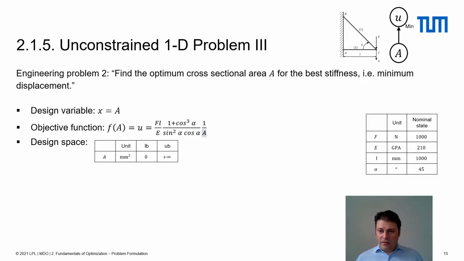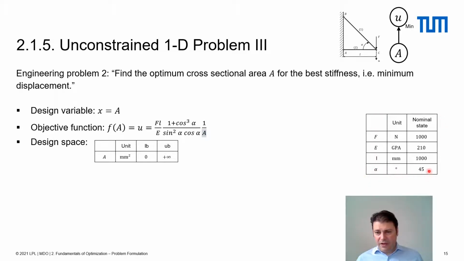But let's go on and look at another design problem. The design problem to look at here is similar to what we looked at before, but the important difference is now that we change design variables. So we include alpha as a parameter into our nominal state.